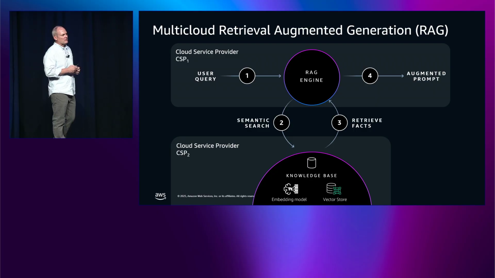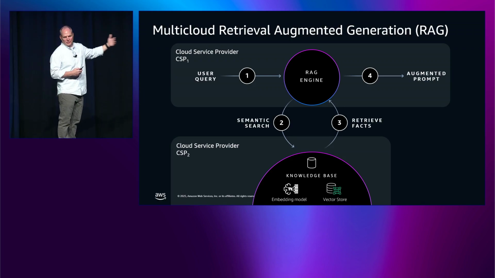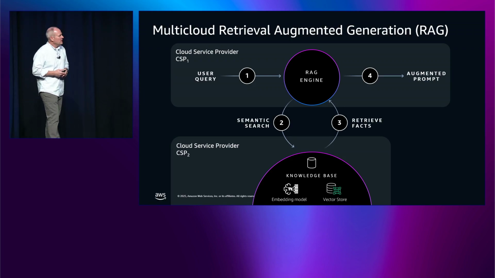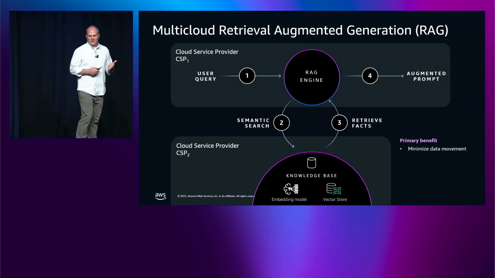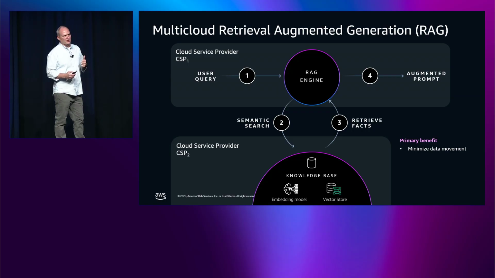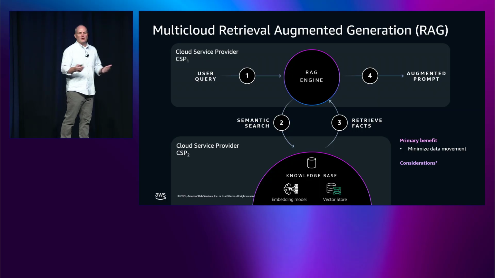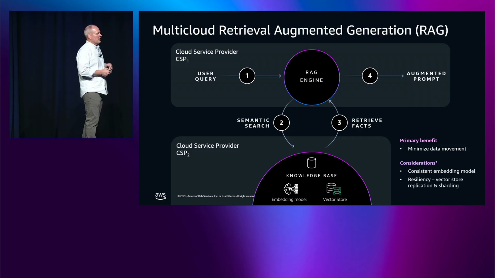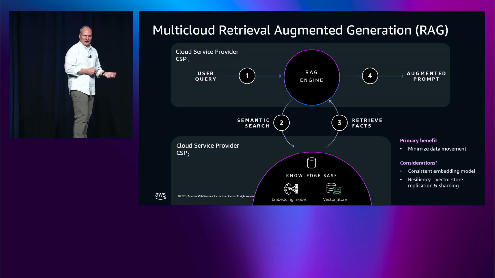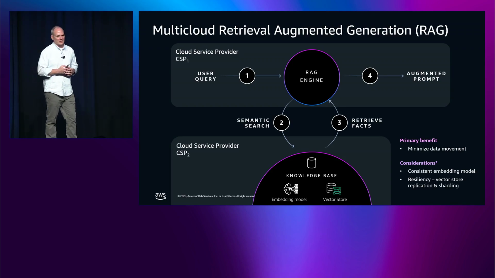Things like S3 Vectors as a cost-efficient mechanism for storing vectors is one potential destination for that. So as we're thinking about that, there are some benefits, right? Minimizing the data movement, similar to the same strategy we're taking with things like federated query, but there are always those considerations, as I mentioned: network, latency, security. But again, that consistent embedding model you have to have across your two CSPs. And then again, that resiliency, right? Vector store replication and potential sharding that we want to take into consideration.